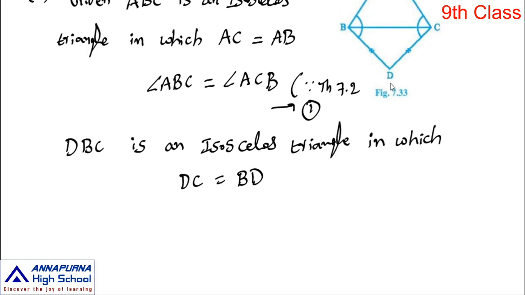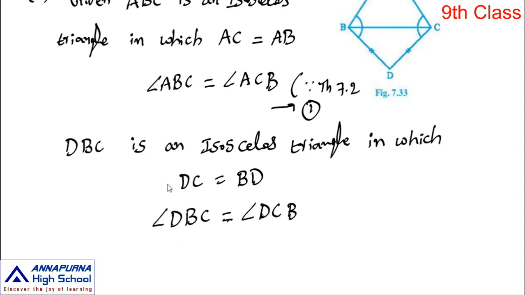The angle opposite to side DC is angle DBC. Angle DBC is equal to the angle opposite to side BD, which is angle DCB.